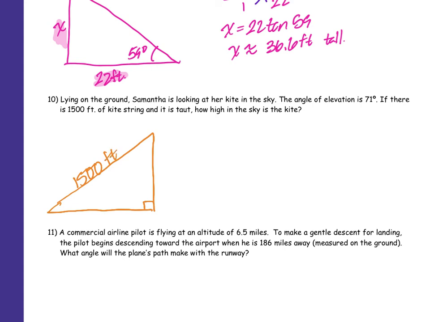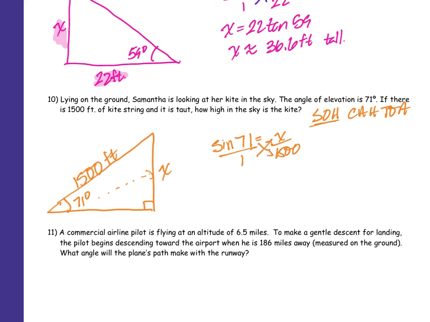So when we fly a kite, the kite is at a diagonal from us. This angle of elevation is in the upward motion. Elevation is going up, and that is 71 degrees. And they want to know how high in the sky the kite is. So I have side opposite, and I have the hypotenuse. Opposite and hypotenuse is sine. So I have sine of 71 equals x over 1,500 feet.